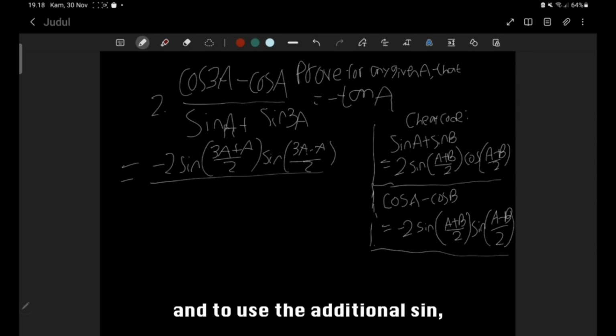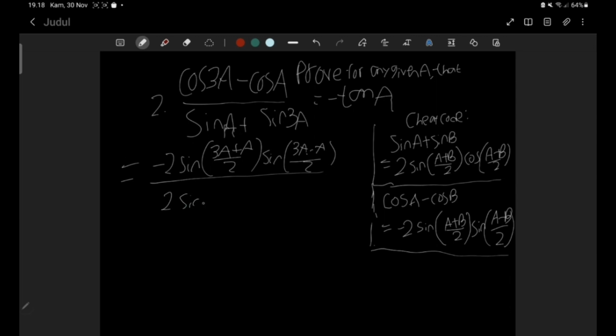And we use the addition of sine formula for the denominator, which is 2 times sine (a plus 3a) divided by 2, cos (a minus 3a) divided by 2.